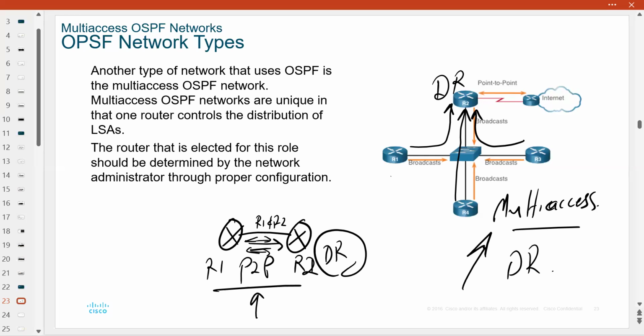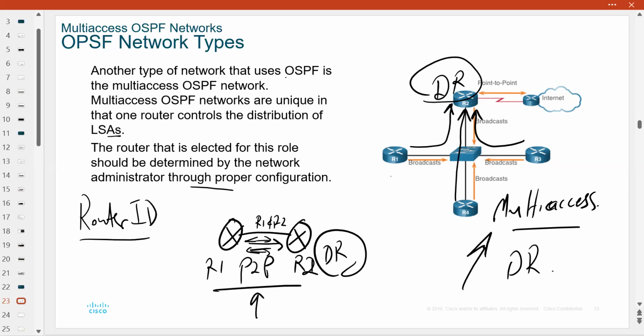Right, what's written here? Another type of network, multi-access, is unique in that one router controls the distribution of LSAs. That one router which controls the distribution is the designated router. The router that is elected for this role should be determined by the network administrator through proper configuration. Proper configuration done by the administrator to determine that is the choice of the router ID.